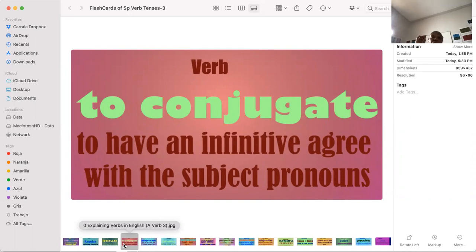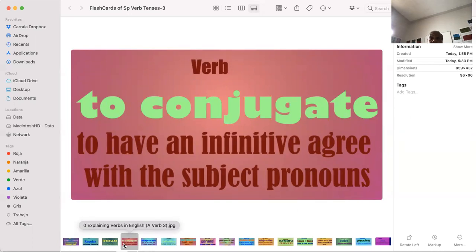But if you're going to do he, she, or it, you must add an S. He talks to his mother, she talks to her mother, and it talks to its mother, which is weird. That's how you conjugate a verb in English.